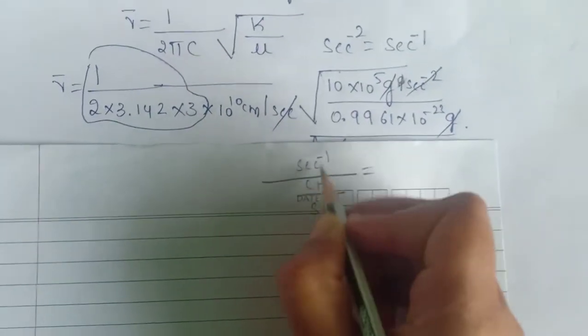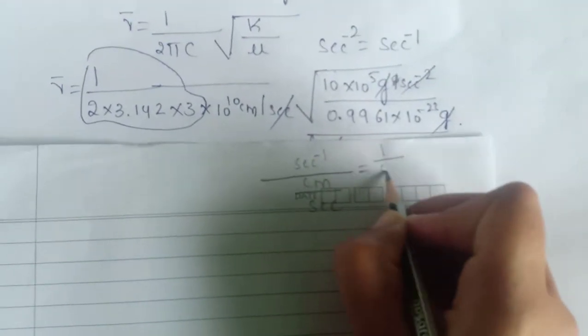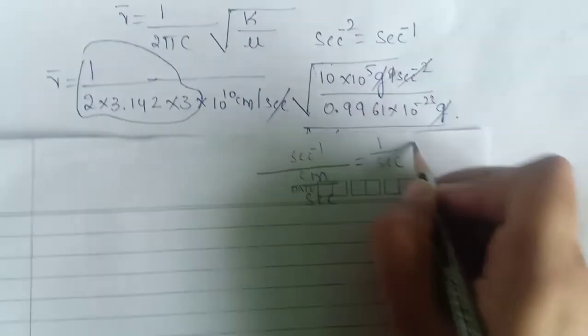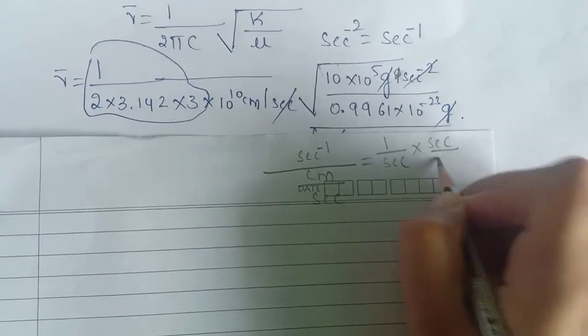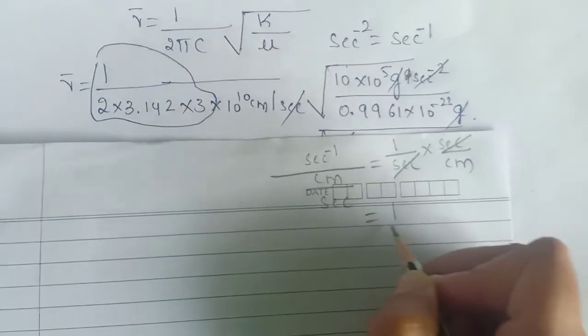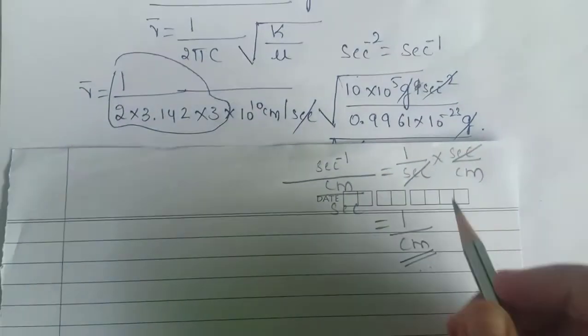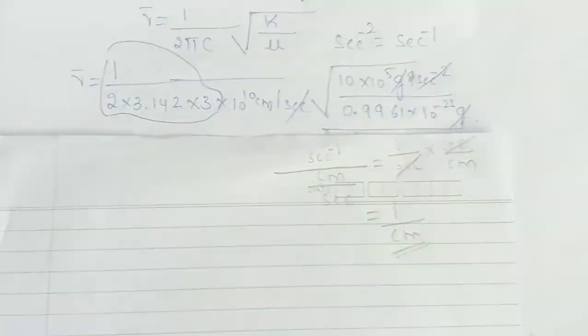We can write second to the power minus 1 as 1 by second, and this thing will become reciprocal, that is second divided by centimeter, and this thing and this thing get cancelled, and we will remain with 1 divided by centimeter. The same thing happened here, so they both get cancelled.